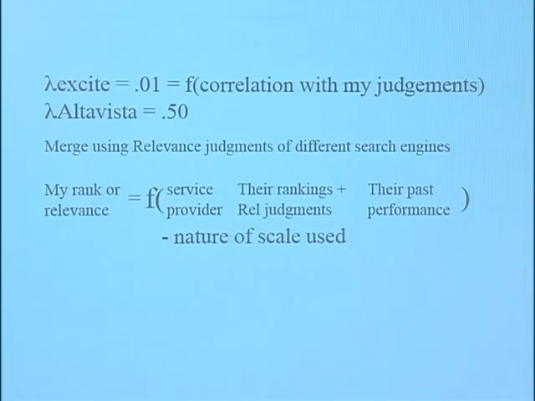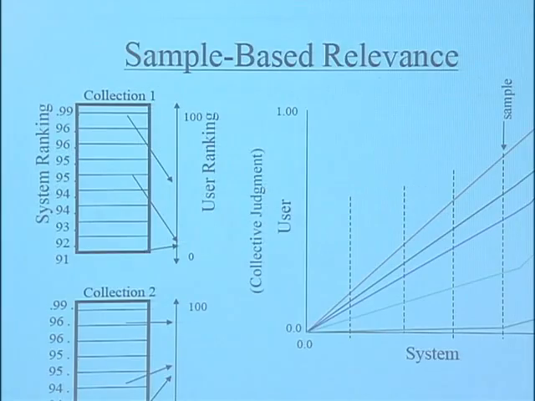So we have essentially their ranking and relevance judgments, their past performance, their correlation between their results and our results, and a parameter indicating the service provider, and try to learn a function that takes those parameters and computes a sort of consensus score that matches our needs.